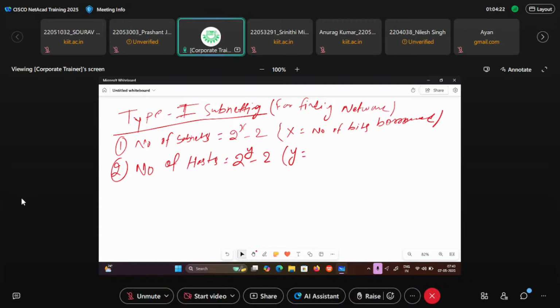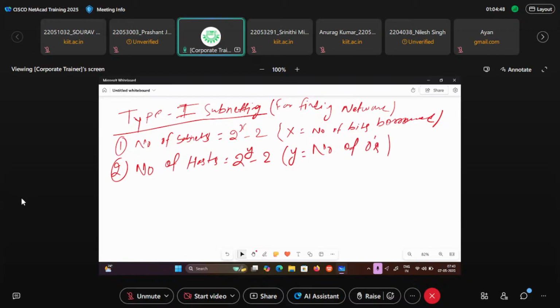For finding the hosts, also 2 raised to the power y minus 2. But the difference is that x and y have different meanings. x means the number of bits which will be borrowed, and y is the number of zeros that you are using.